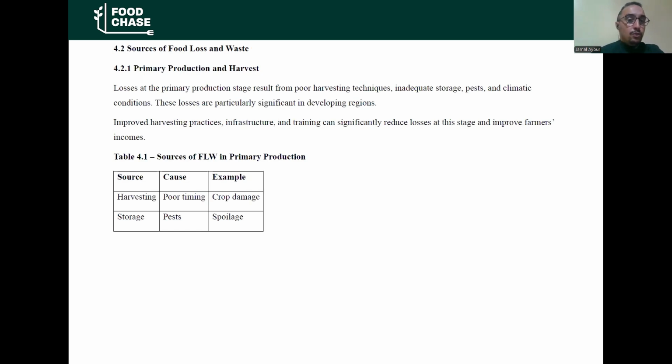About sources of food loss, different sources exist. For example, primary production and harvest, and second, for example, production directly by industry. As you can see in this table, with different sources for harvesting, storage, with different causes, for example, poor timing and pests, and for example crop damage and spoilage.